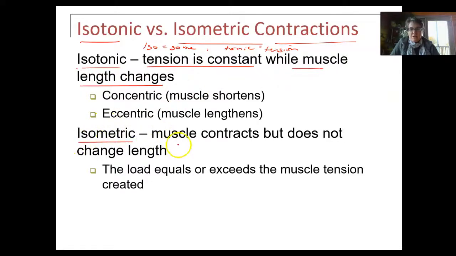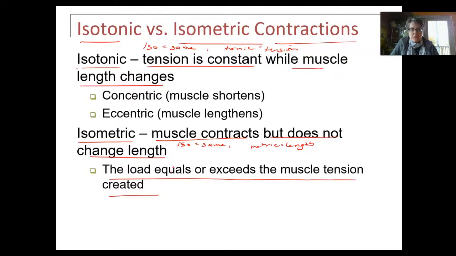The other one is isometric. Iso meaning same, metric meaning length. The muscle contracts but does not change length. The load equals or exceeds the tension created.